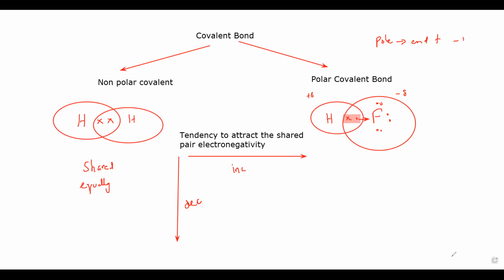So when we compare the nature, for example, we have hydrogen fluoride, a bond between hydrogen and fluorine, then a bond between hydrogen and chlorine, and then a bond between hydrogen and bromine.